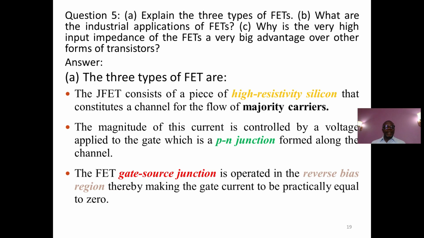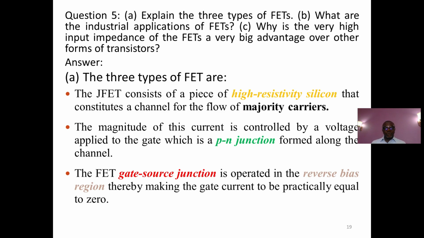We quickly answer that there are three types of field effect transistors: the JFET, which is called the junction field effect transistor; the MOSFET, metallic oxide semiconductor field effect transistors; and the MESFET, the metallic field effect transistors.